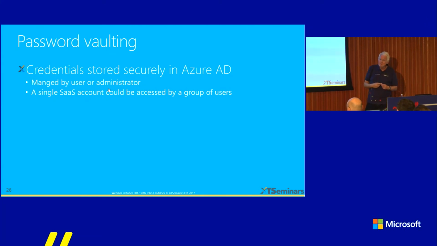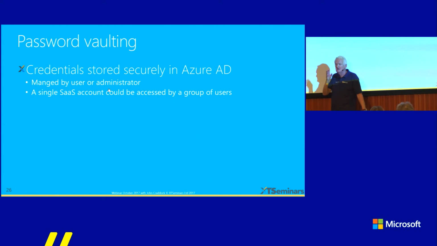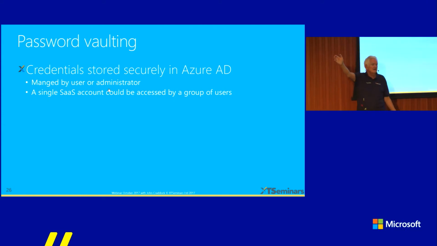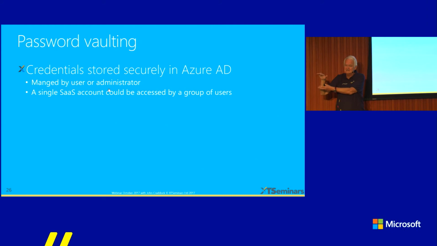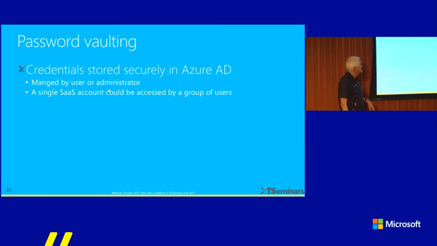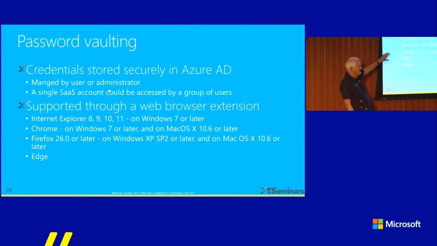In terms of password vaulting, the user logs into Azure AD, goes to a target application, and what will happen is out of the password vault, the credentials for that target application will automatically be populated. It's done through injecting into a web browser. So very similar to a lot of password technologies that are out there.